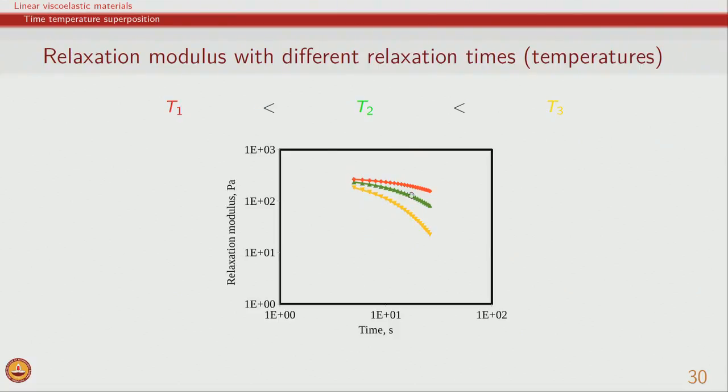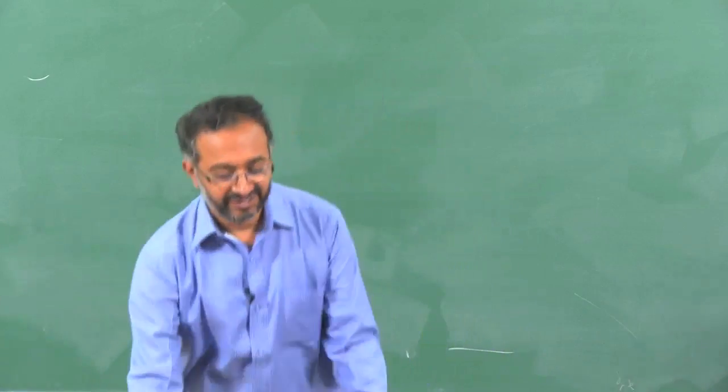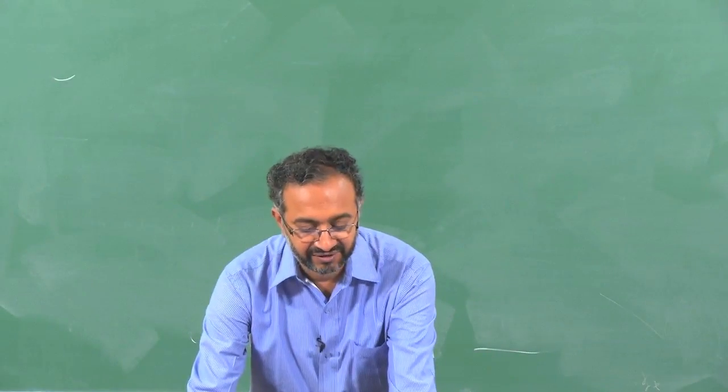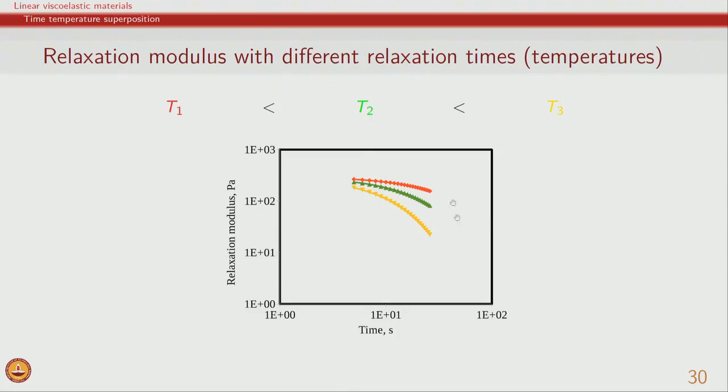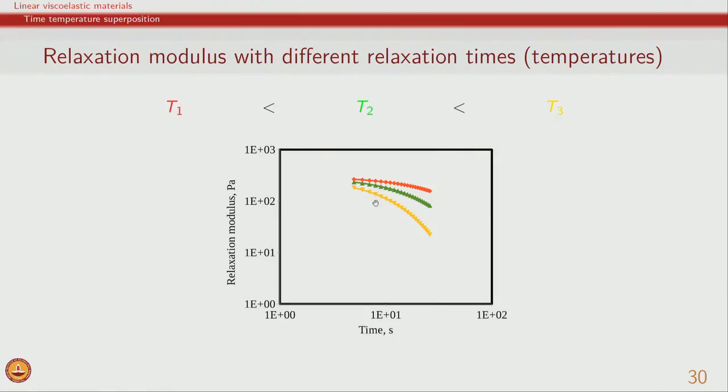one thing is I do experiments at lower time, but that sometimes may not be feasible, for example microseconds, milliseconds. Similarly, if at green, at T2, I want the response at a much higher time, again the option is to do the experiment for a longer time, but again it is not always practically possible. So, is it possible for me to say that, given that I have this response at a different temperature, this response at T3 is equivalent to the response at T2, but at some other time?